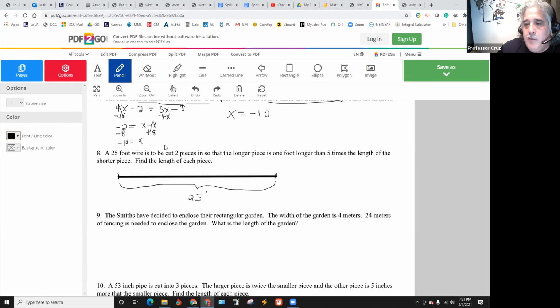It's cut into 2 pieces. Now, they clearly talk here about a longer piece and a shorter piece. Let the shorter piece be X. It doesn't matter if you get the proportions right because you don't know what they are yet. But let's let this be X. So that's the short piece, and a longer piece right here.